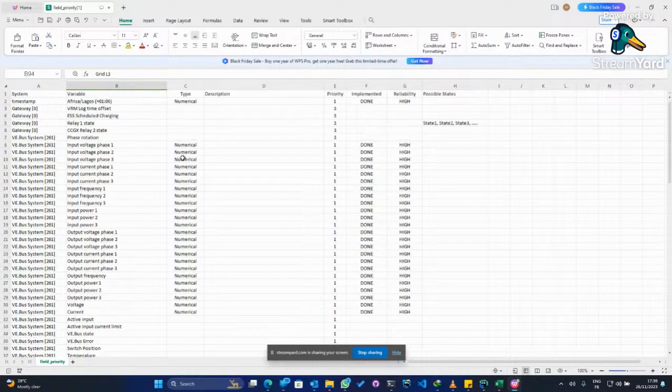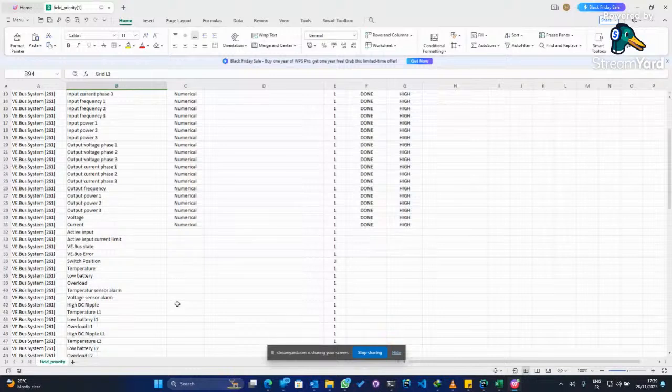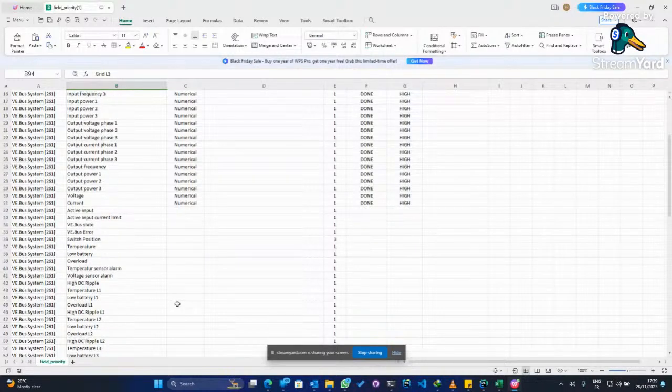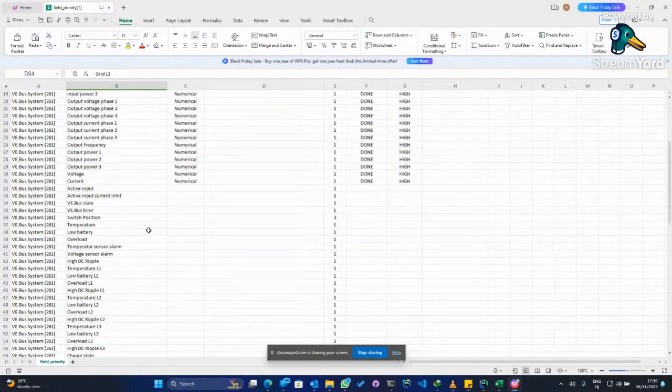And the fields that I'm mentioning are all numerical fields, like the voltage or power. And then you can have values such as the temperature on line one, the low battery on line one, or the overload.